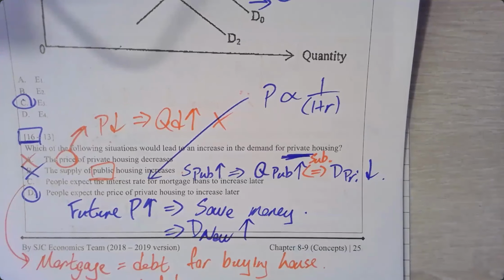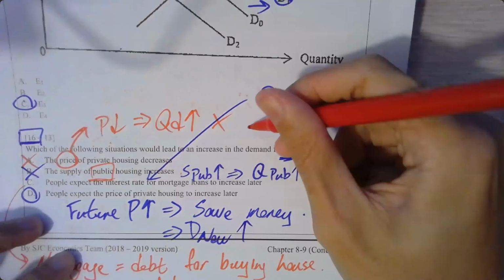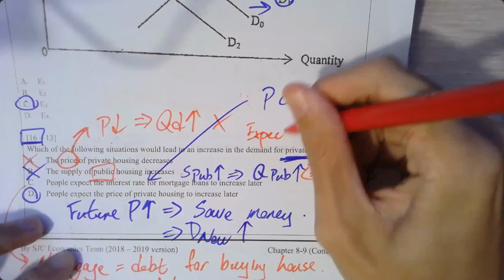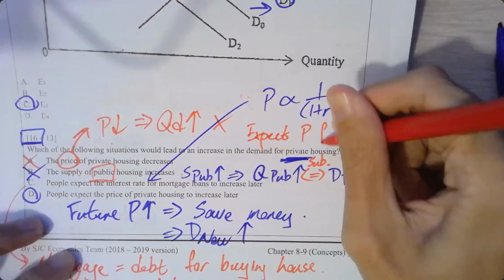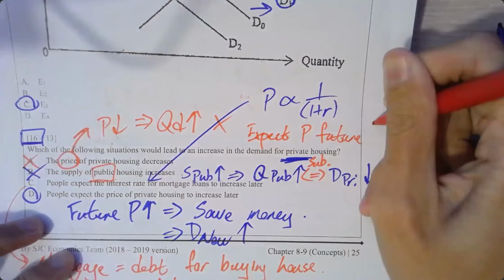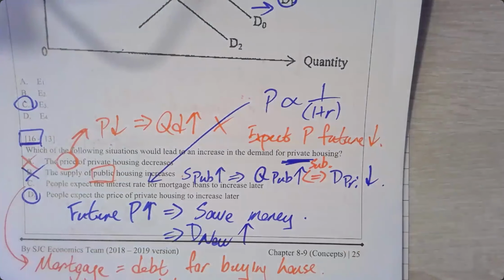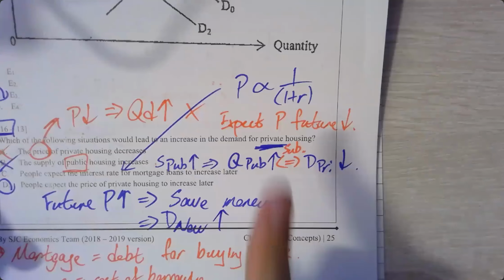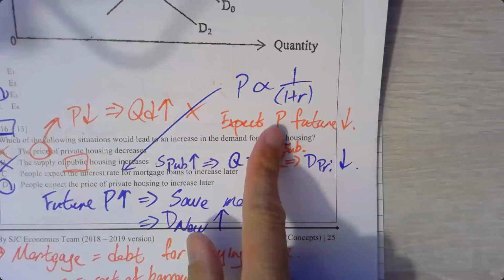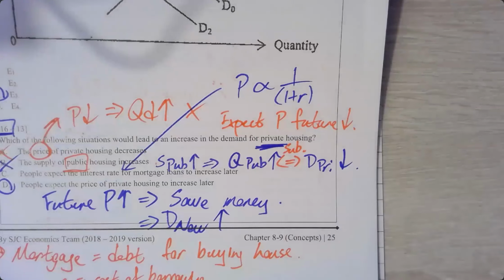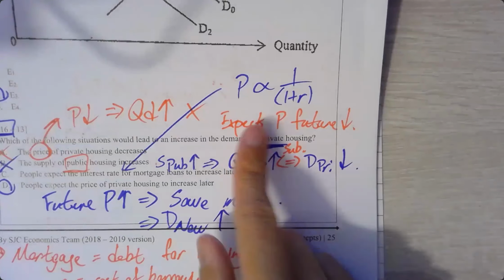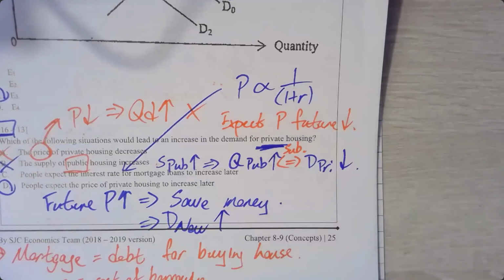It means that I expect price in the future to decrease。係咪？原來我 assume 第時個 interest rate 會升嘅意思，it is the same as saying I expect the price in the future to decrease of property, by the way.